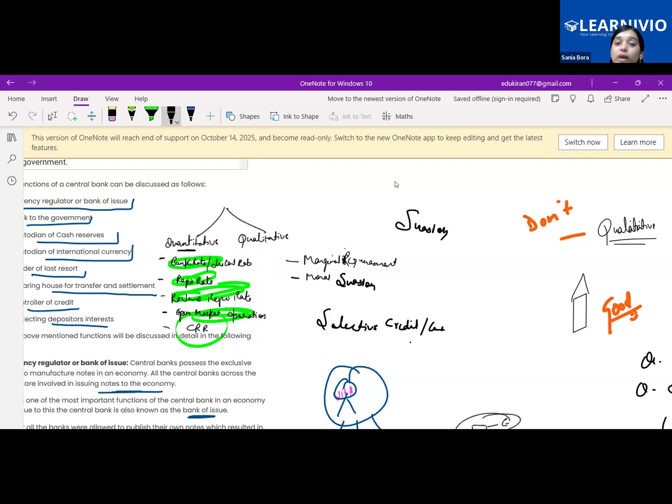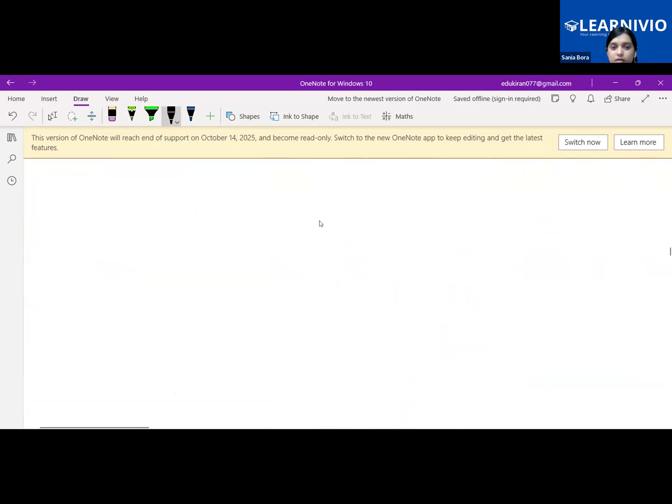Quantitative means you can express them in terms of numbers, right? And the second is qualitative. I'll just make it here, right? So there are two methods. One is the quantitative, that means the quantity is there, 1, 2, 3, 4, 5, 6, right? Second is the qualitative. That means only the quality is there, not the numbers.